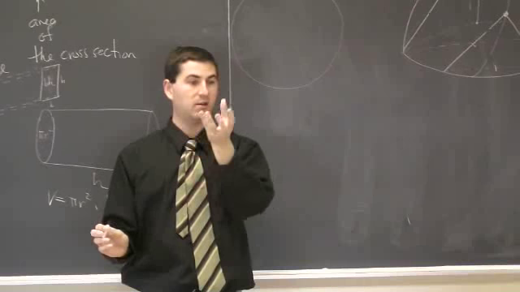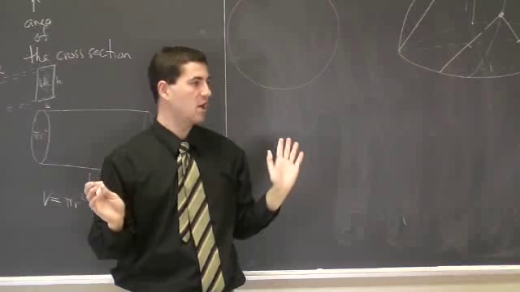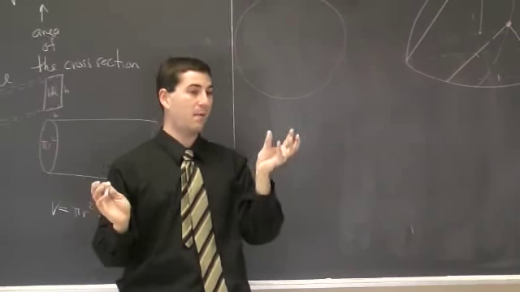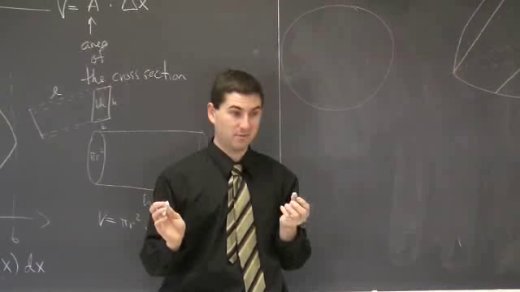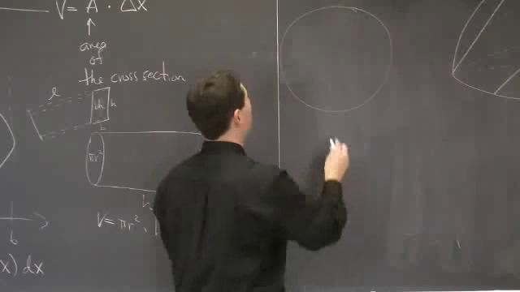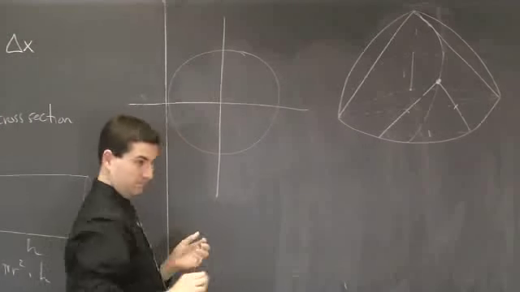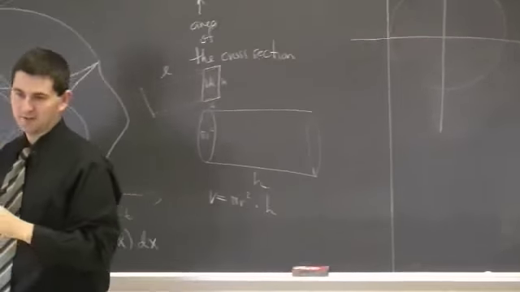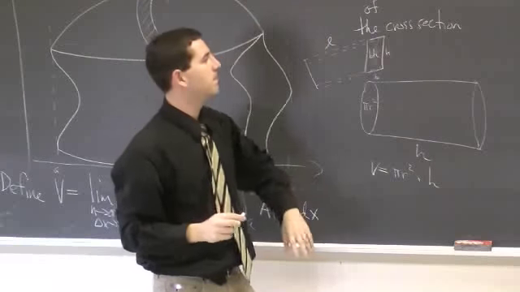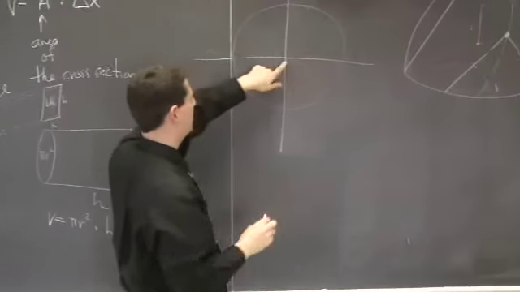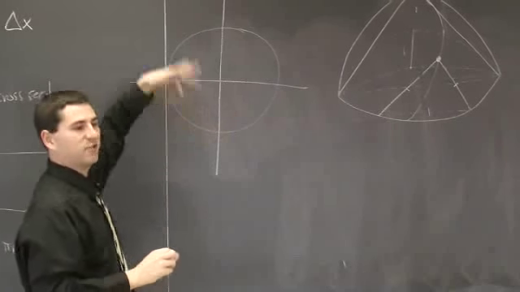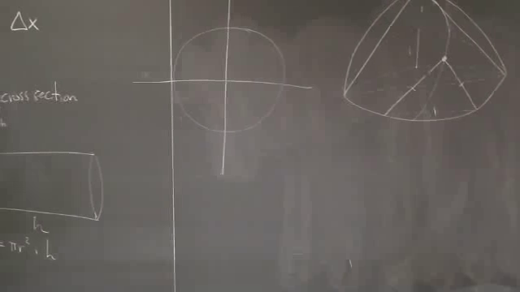You can turn it, you can move it, the volume doesn't change. So you might as well put it at a spot which is convenient for calculations. So I'm going to center my circle at the origin. Without loss of generality, we may assume the circle is centered at the origin, because it doesn't change anything. Very good math expression.